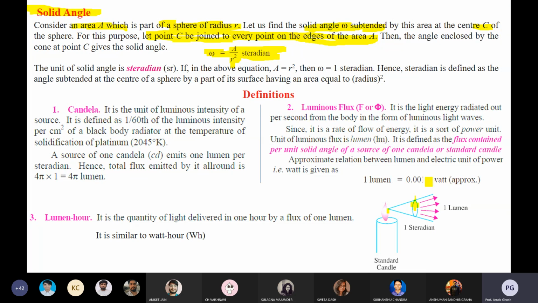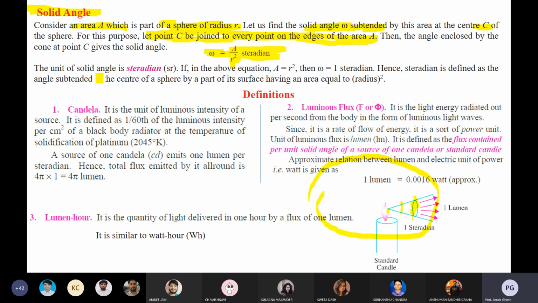Now we can consider the total thing as a circle. Its radius is r, A is your area, and this is your omega. So what is the value of omega? Omega equals A divided by radius square.